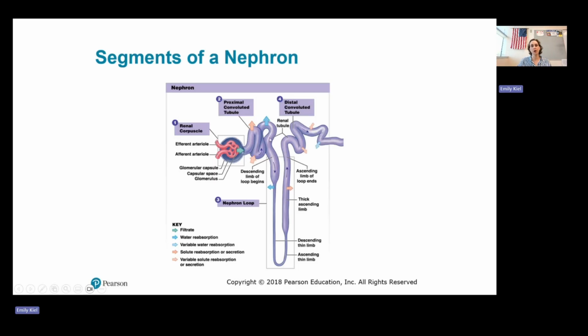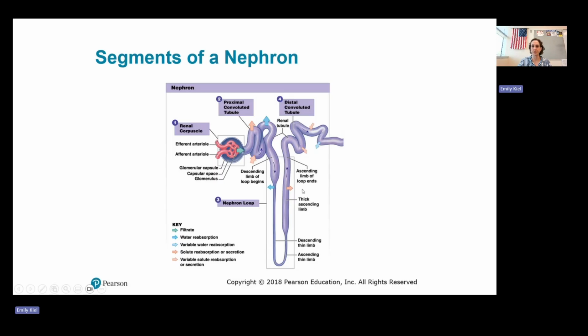From the proximal convoluted tubule, we're going to move down to the nephron loop where we have a descending thin limb and an ascending thick limb. There is a little bit here of an ascending thin limb if you do hear that referred to. And then following the nephron loop, we've got the distal convoluted tubule. Here we've got resorption and some active secretion before we move to the next part, which would be the collecting duct.